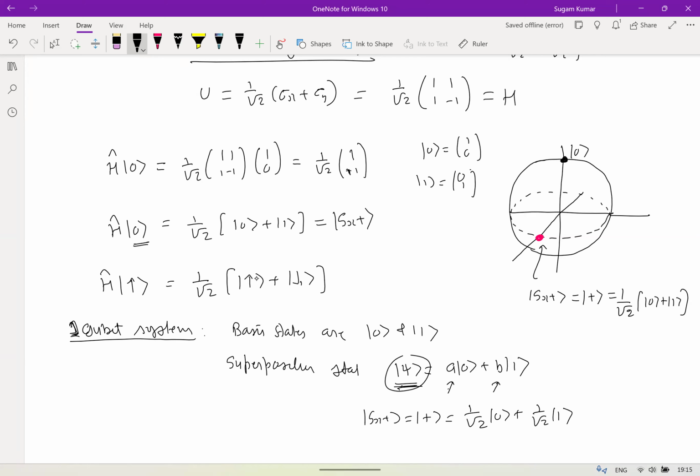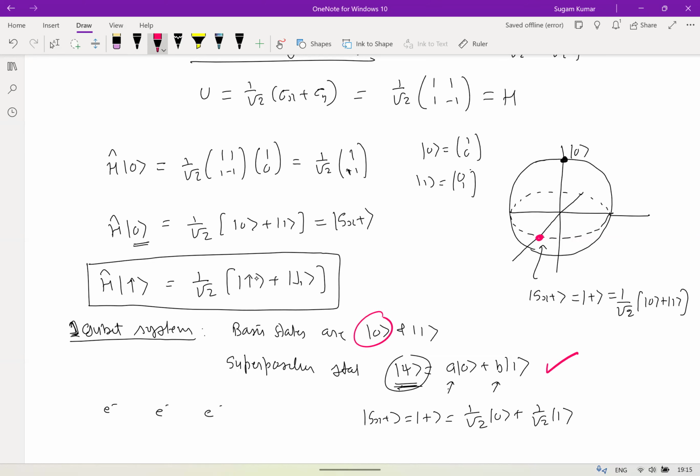So what is it doing? This Hadamard gate is very important because it is actually creating that superposition state. If you have a large number of electrons in the system, how will you ensure that they are in the superposition state? Unless you put them in a superposition state, there is no difference between the classical computer and the quantum computer. Only this state is going to give you the advantage of the quantum computer.